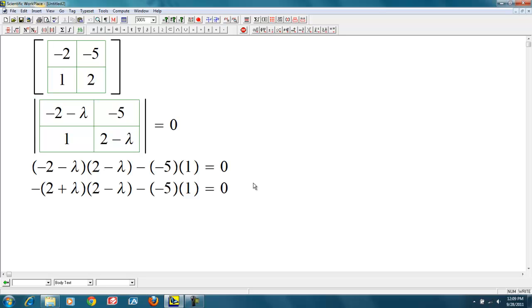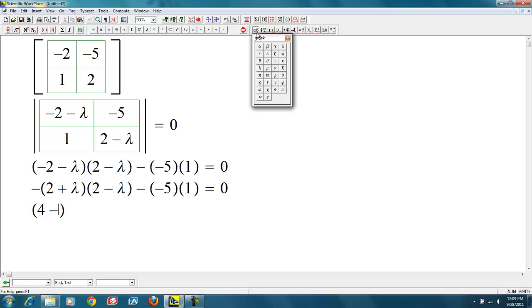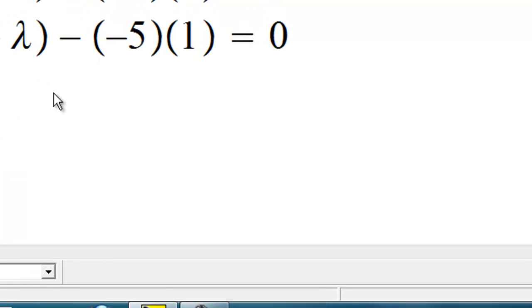So this guy would become 4 minus lambda squared, right? This negative and this negative, I have a 0 here, divide by negative 1, they are common, right? And then I have negative 5 equals 0.